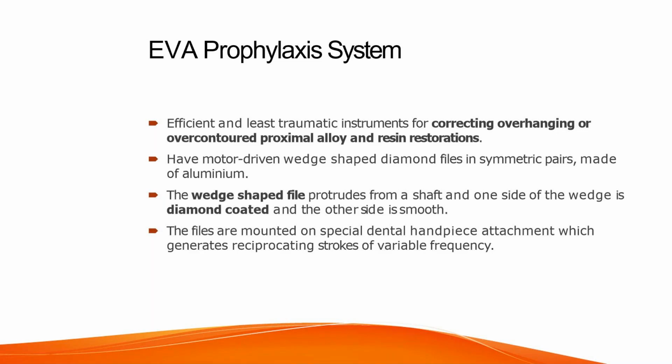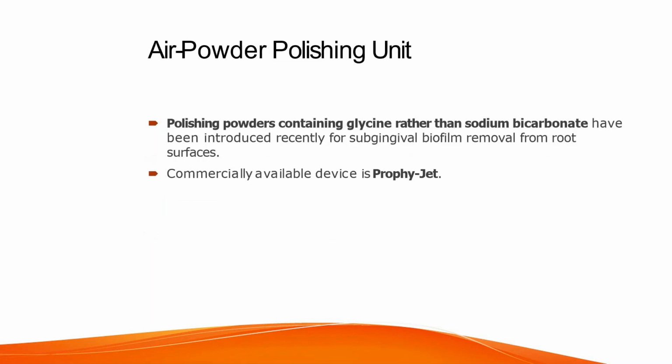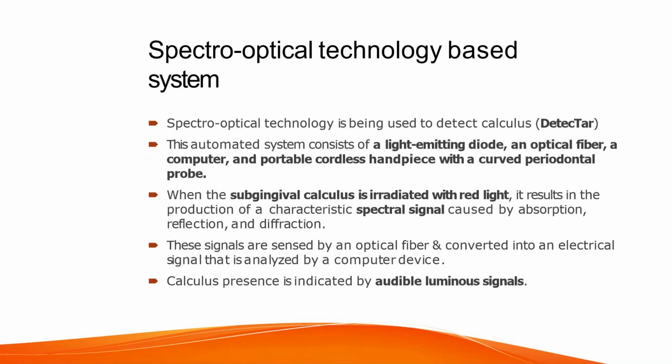The wedge shaped file protrudes from a shaft, and one side of the wedge is diamond coated while the other is smooth for a less traumatic procedure. Then you have air powder polishing, commercially available as Profijet. You have different air powder polishers or powders like sodium bicarbonate, or glycine, which can be used for removal of subgingival biofilm from the root surface.